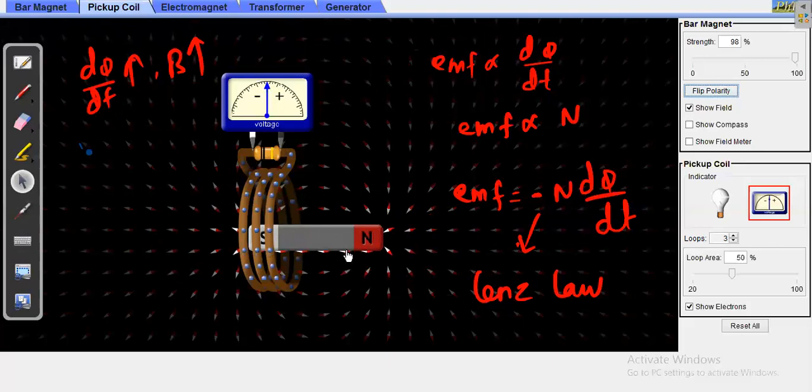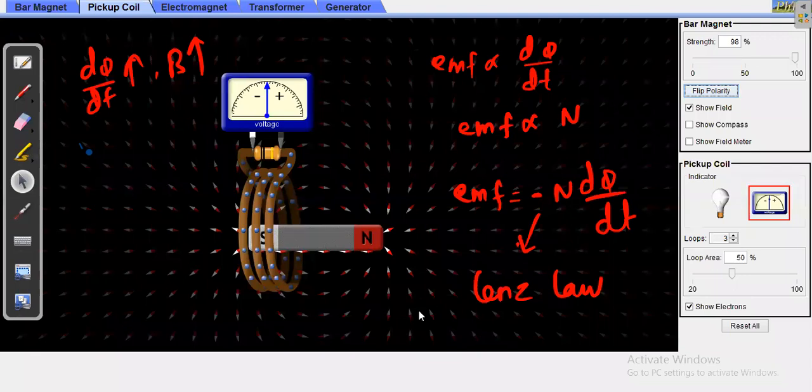The current produced in the coil also changes direction. That is Lenz's law, and that's why this minus is there. Lenz's law gives you the direction of the current in the coil. Very important from the exam point of view.